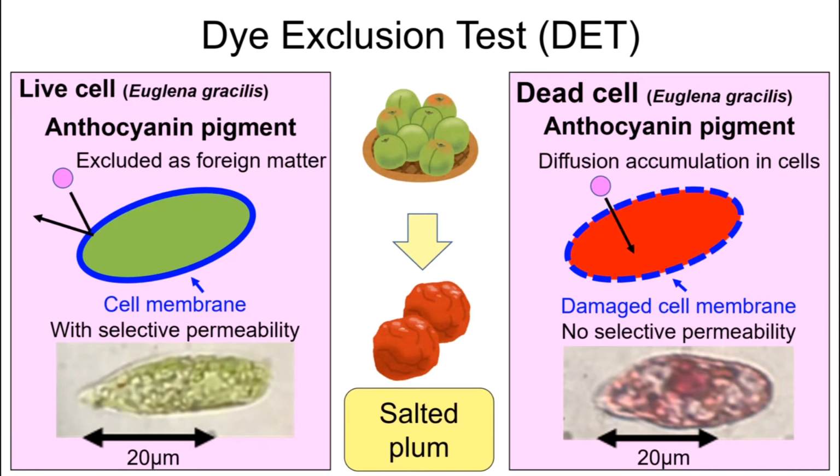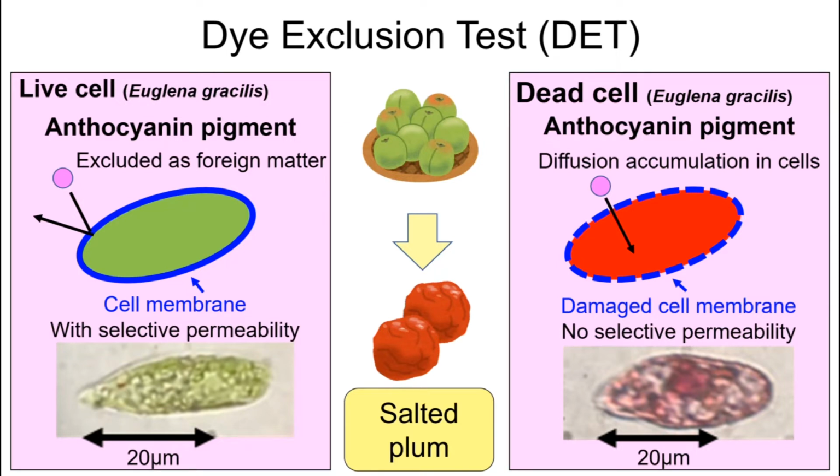Let me explain the principle of dye exclusion test (DET). This is the same principle that salted plums are stained. Living cells are enclosed by the cell membrane, so pigments cannot enter the cells.